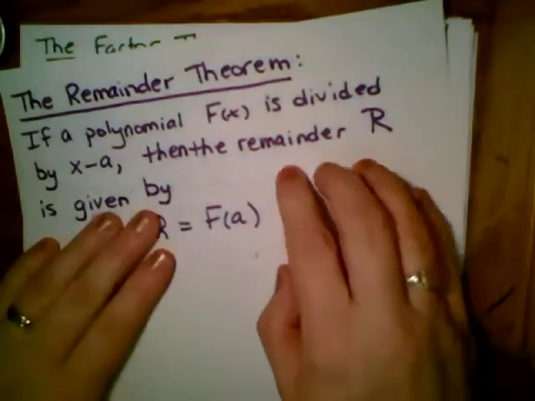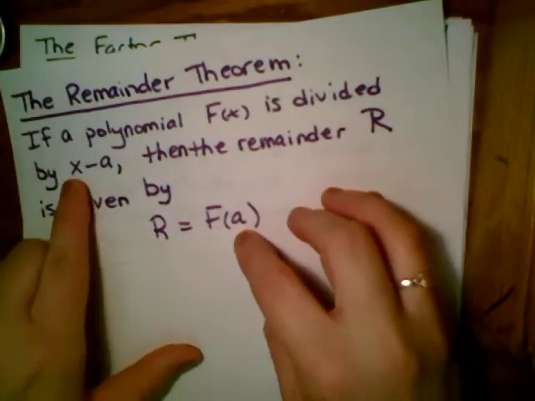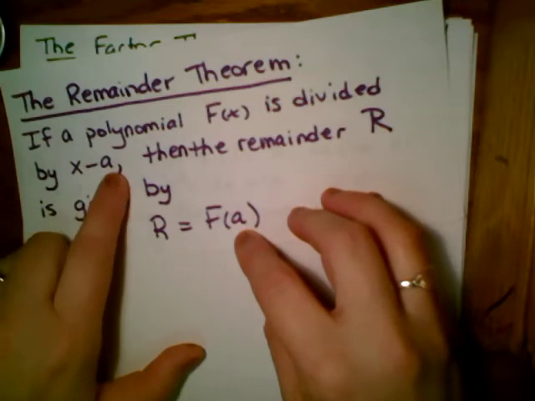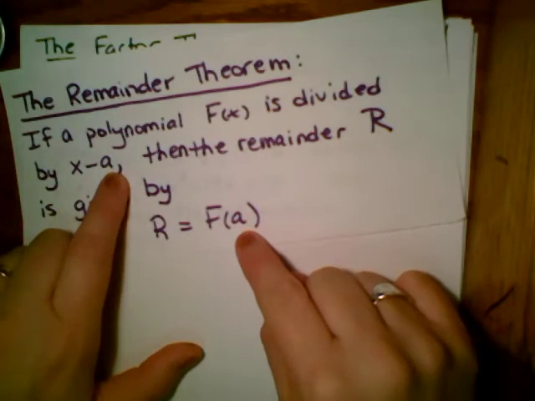So division of polynomials is related to evaluating a polynomial. If you divide by x minus a, the remainder is the same as f evaluated at a.